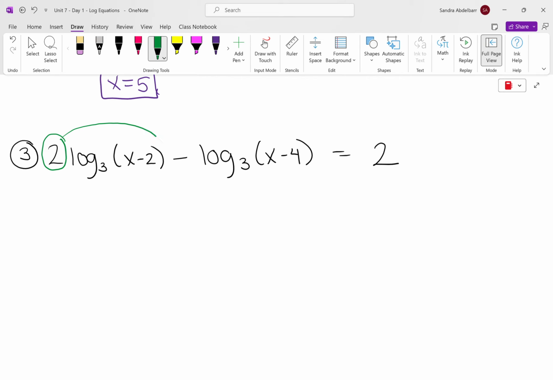Where am I going to start? Well, I'm going to start with this 2, which becomes an exponent. So this is log base 3 of the quantity x minus 2 squared, minus log base 3 of x minus 4.